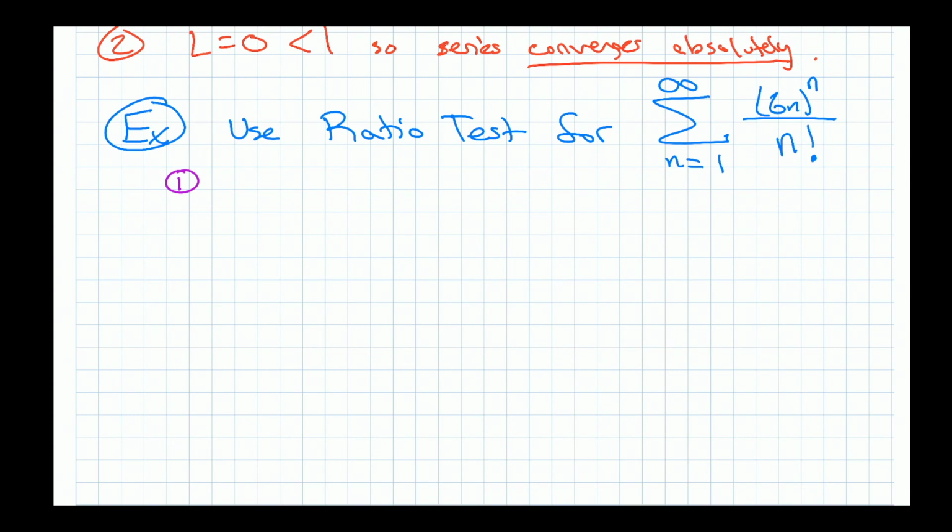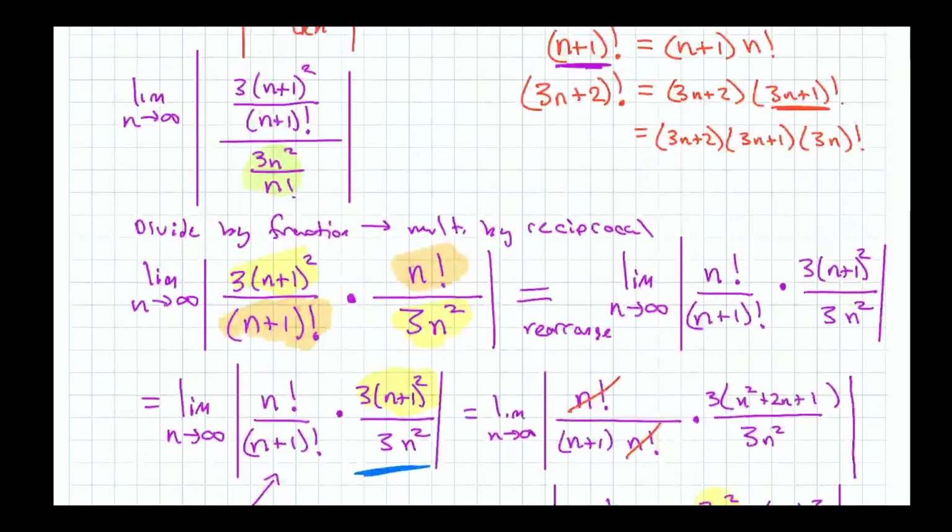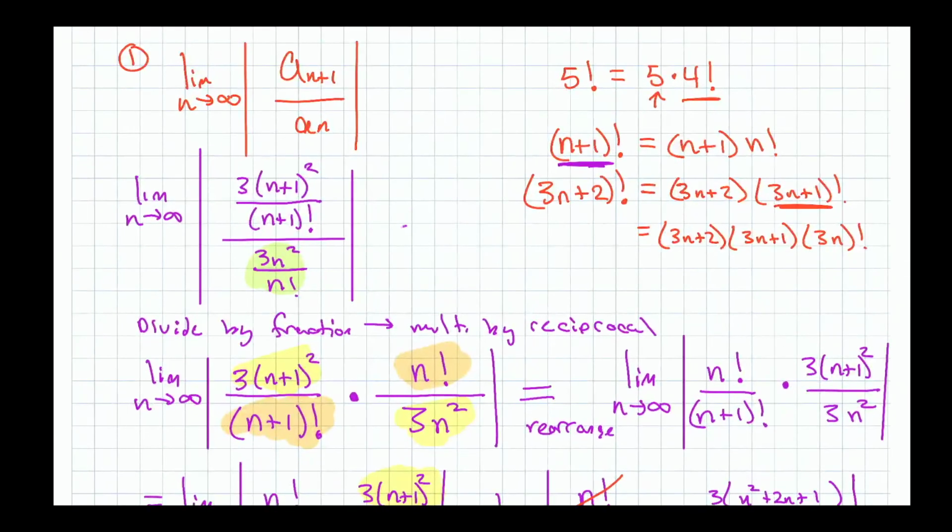So let's try this. So what are we doing? We're doing the limit as n goes to infinity, absolute value, an plus 1 over an. If you want, notice that we wrote it out this way, and then you had to rewrite it with the bottom flipped upside down.